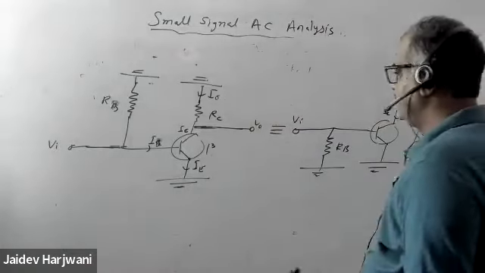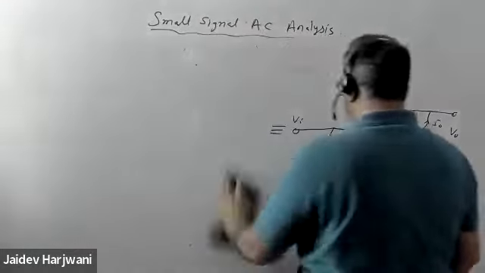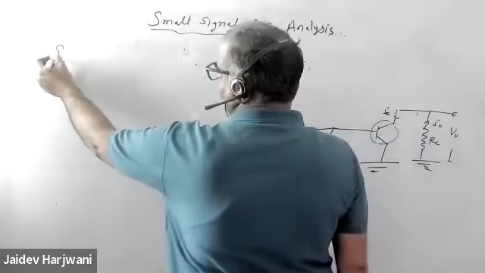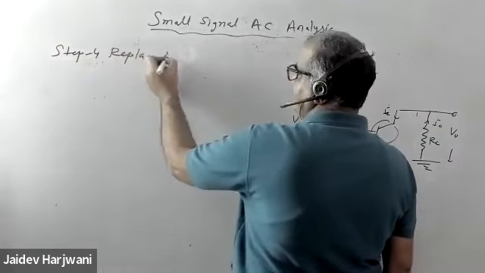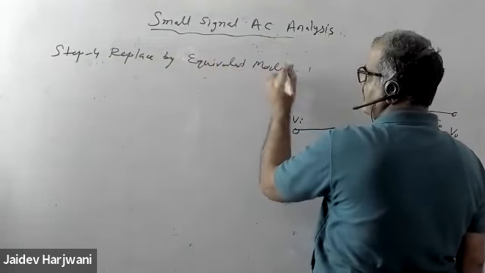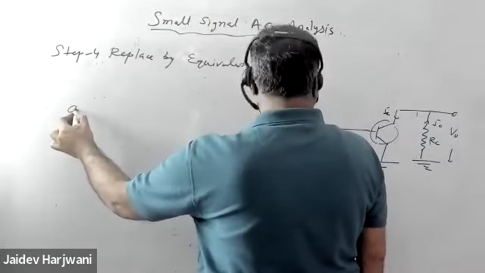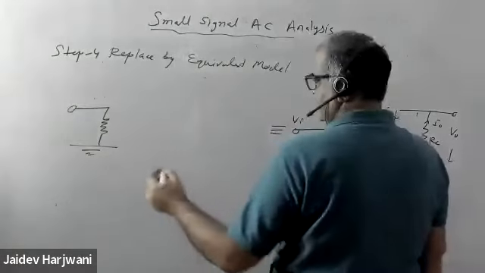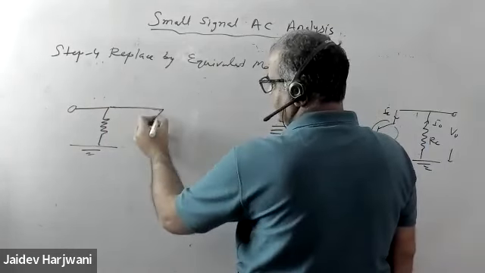Now step 4 is what? Step 4: replace the transistor by an equivalent model. So you have V input, you have RB, then your transistor, and the transistor can be replaced by a resistance simply.